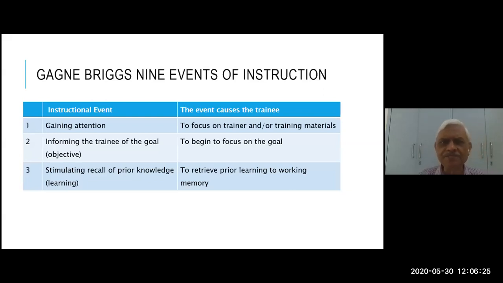Now, essentially, there are 9 instructional events, and they cause the trainee to do something. For example, the first instructional event is gaining attention of all the participants. So the trainee will be focusing on the trainer and or training material.